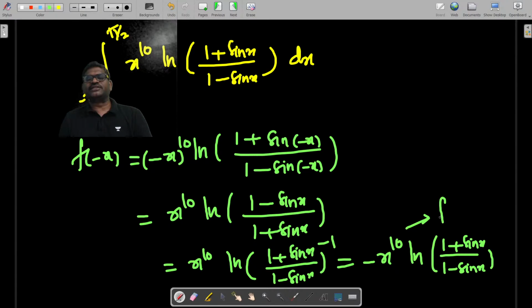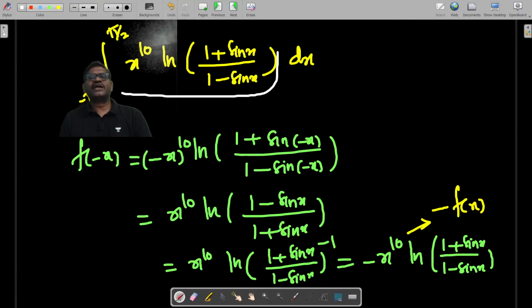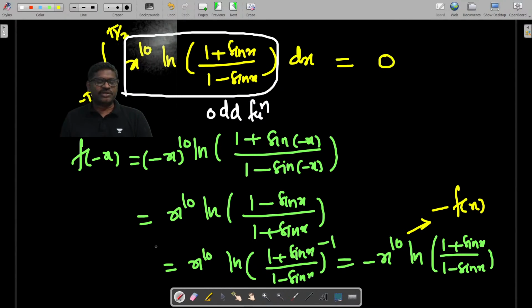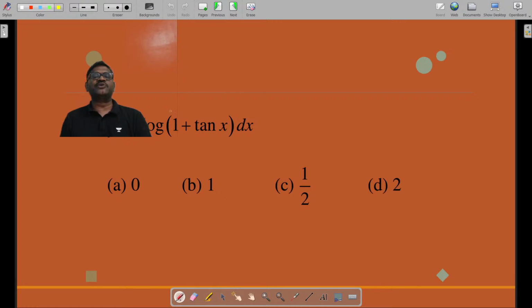It is nothing but minus f of x. f of minus x is in the form of minus f of x. Therefore, it is an odd function. When the integrand is an odd function, the value of the integral will be 0. Understood? So, since it is an odd function, the value of the integral is 0.